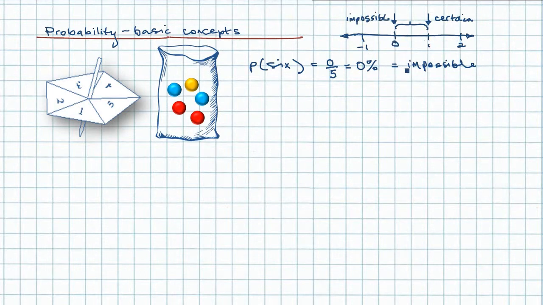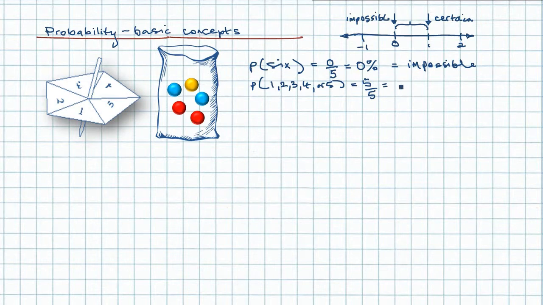So, say, for example, we said the probability of the spinner landing on 1, 2, 3, 4, or 5. Well, obviously, each one of those is a 1 in 5 possibility. There are 5 of those, so it's 5 out of 5, which is a certainty. It will land on either 1, 2, 3, 4, or 5.